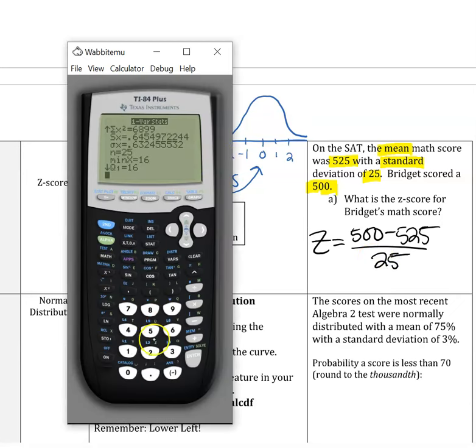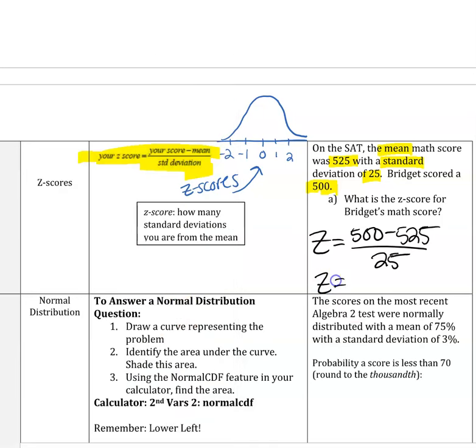If I pull up my calculator, I can do 500 minus 525 and get -25, which divided by 25 is -1. So that means she was 1 standard deviation below the mean, which means she's like there.